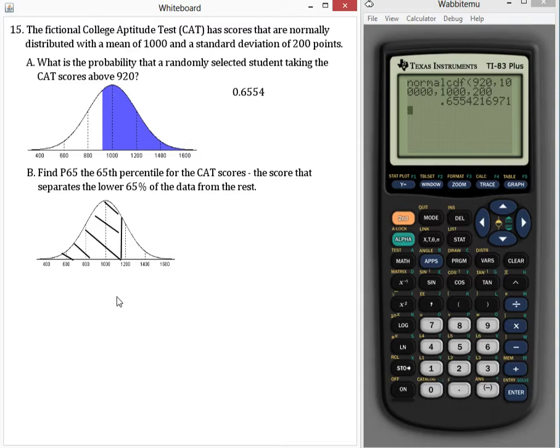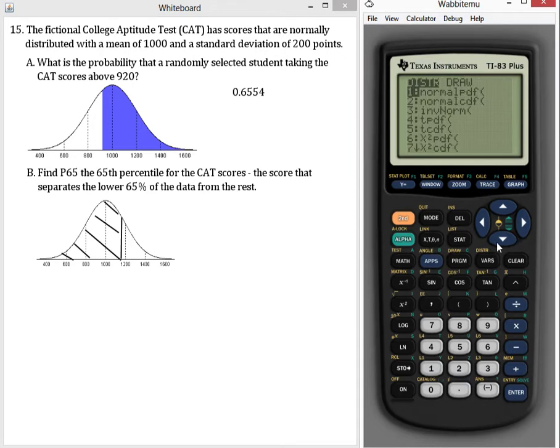Now, in order to calculate that specifically, other than just saying it looks like, I don't know, 1,150, we can actually calculate that with the inverse norm function. Inverse norm takes three inputs that we're going to give it.